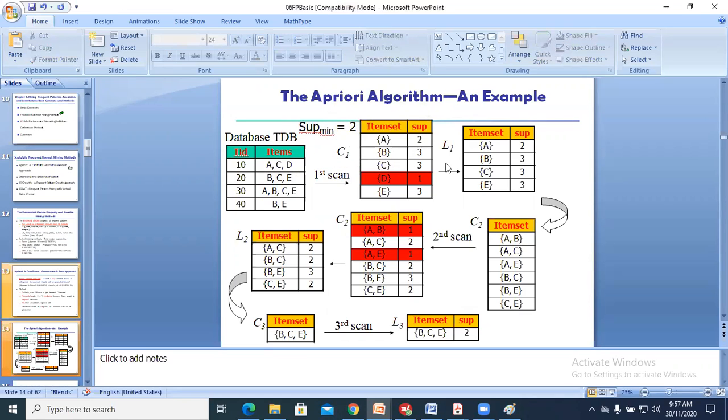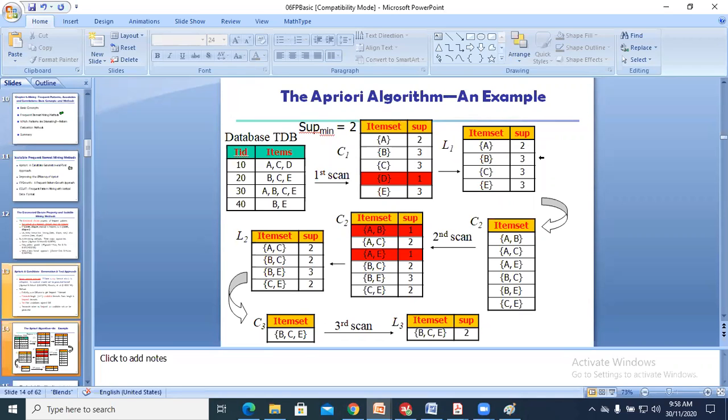So we have the candidates A with support 2, and then 3, 3, and 3, and D with support 1 is not in the frequent list because it does not satisfy the minimum support criteria.